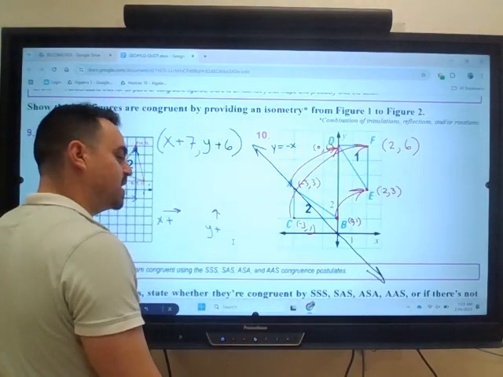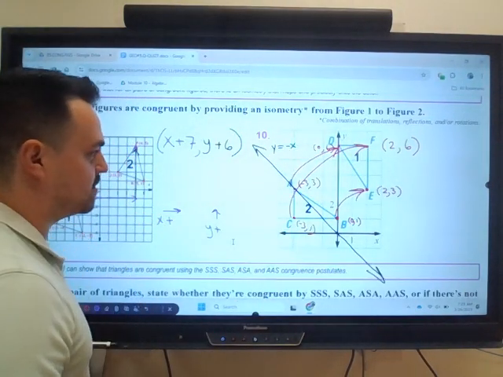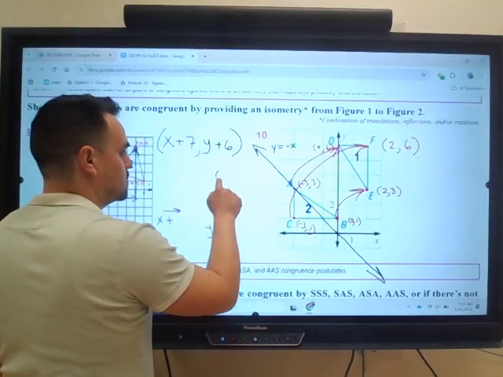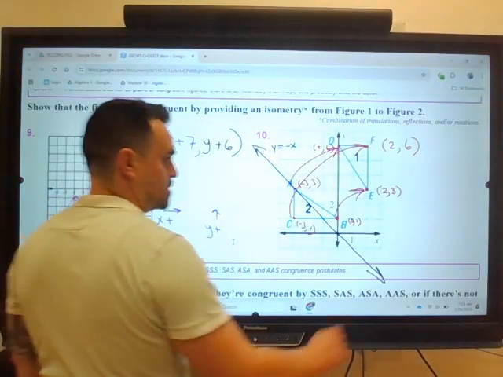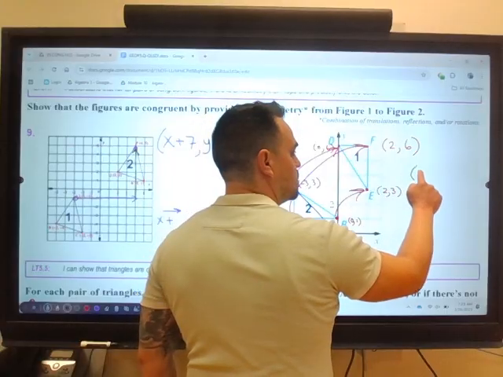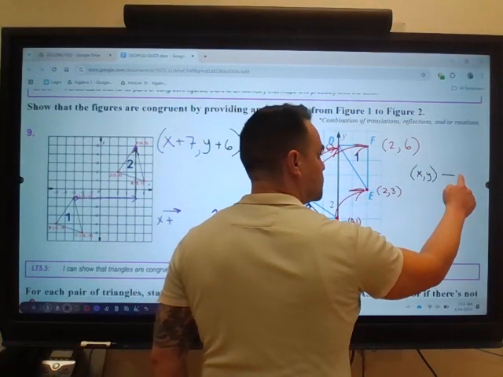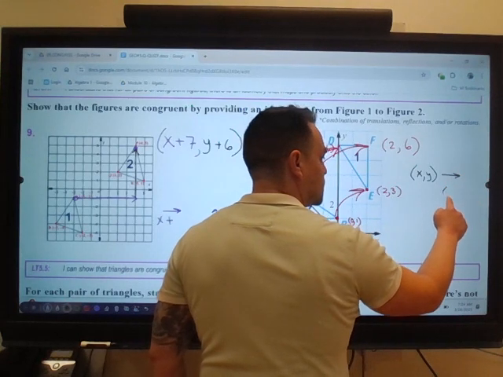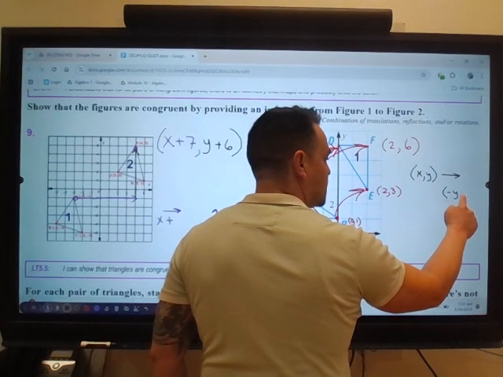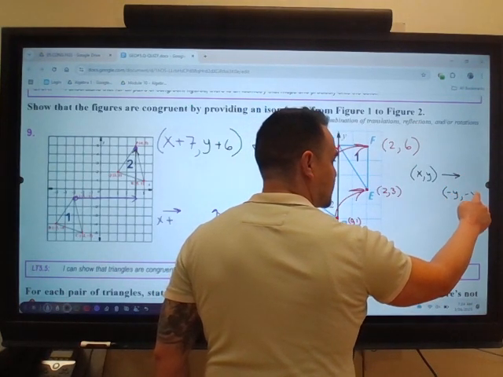And if you are reflecting over y equals negative x, let me do it on the other side here. Your x comma y will become negative y comma negative x.